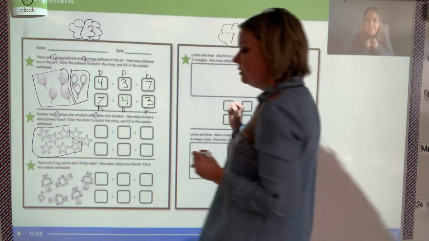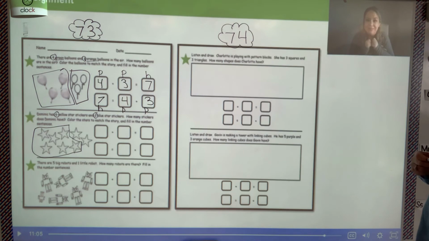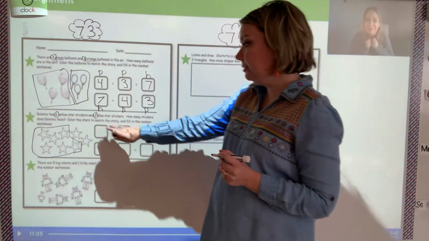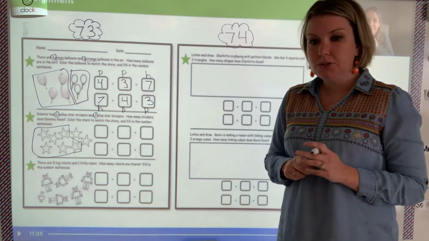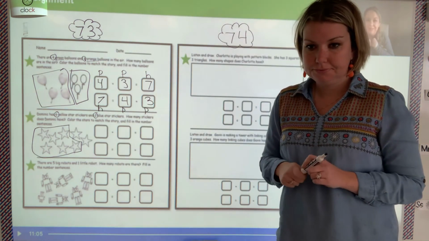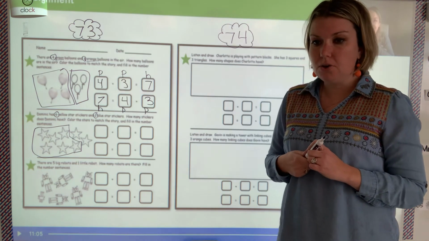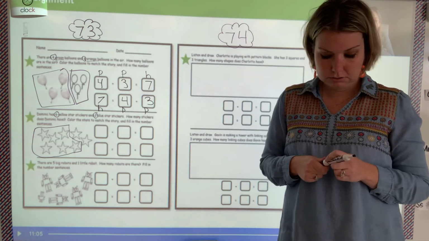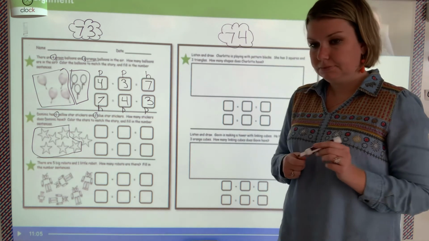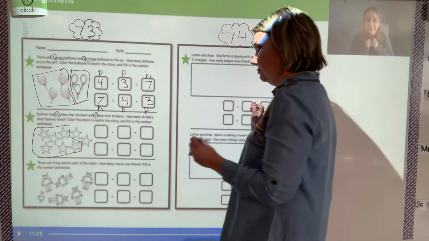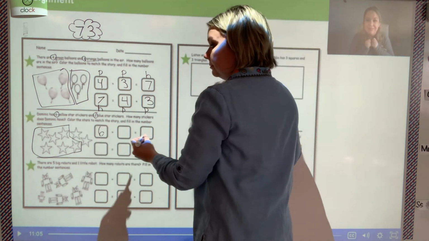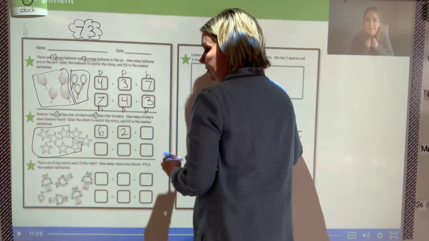So I can group them by 6 and 2. How am I going to fill in my top number sentence? Who can raise their hand and help me? Nicole? You do 6 plus 2 equals 8.